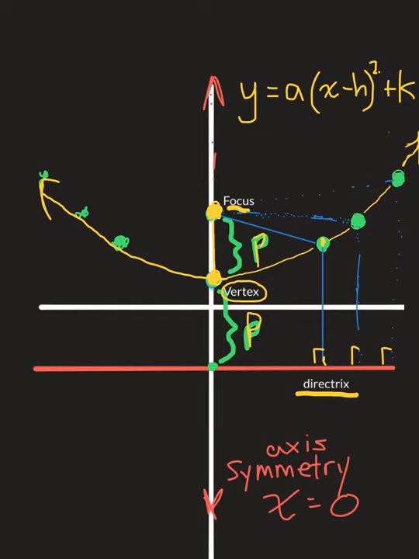That this is called vertex form for a parabola. So vertex form for a parabola looks like this, and it's got a bunch of letters. Looks like an algebraic sentence, doesn't it?